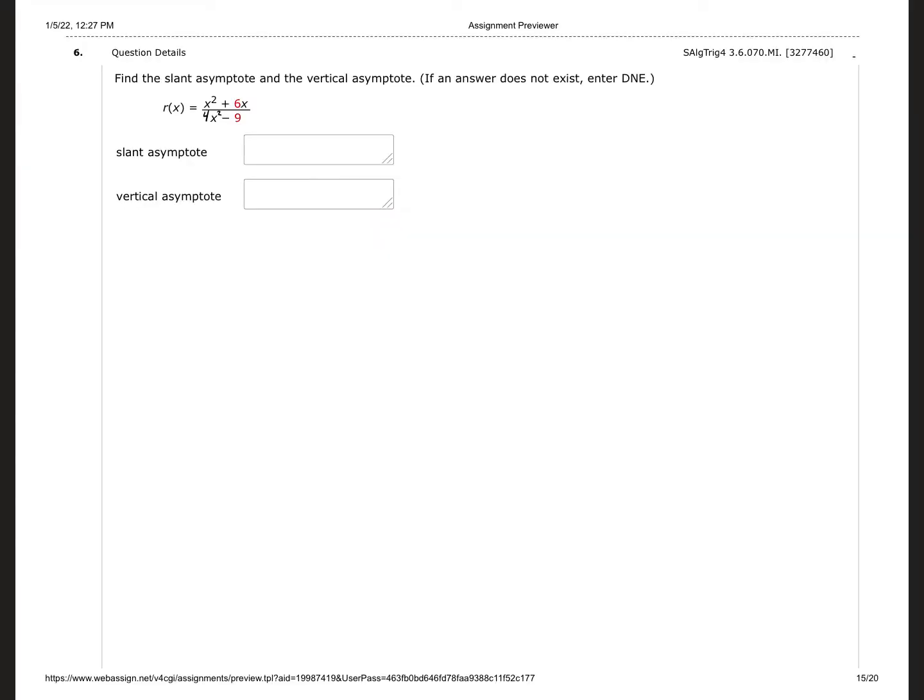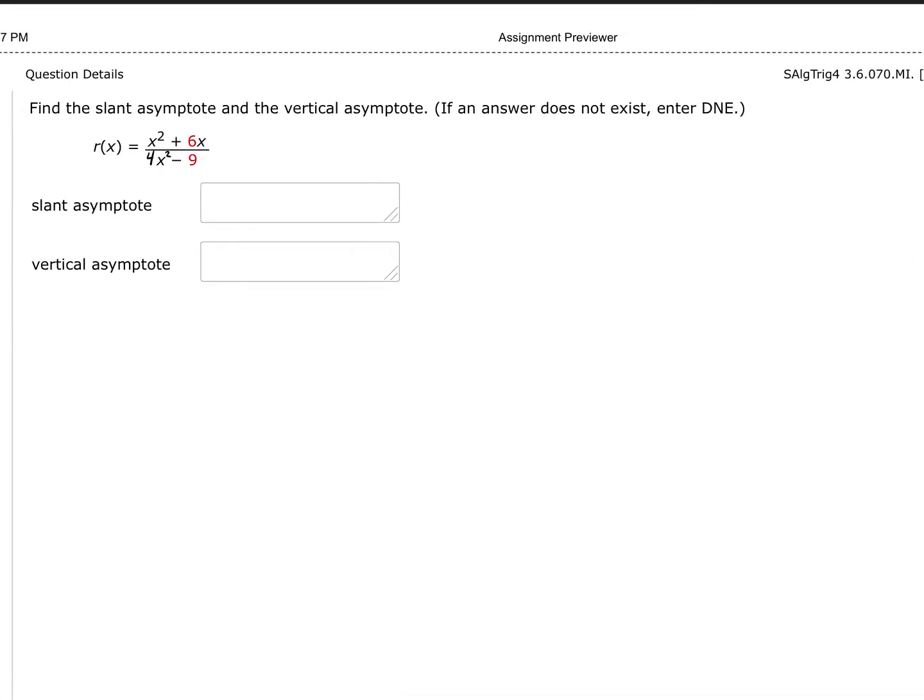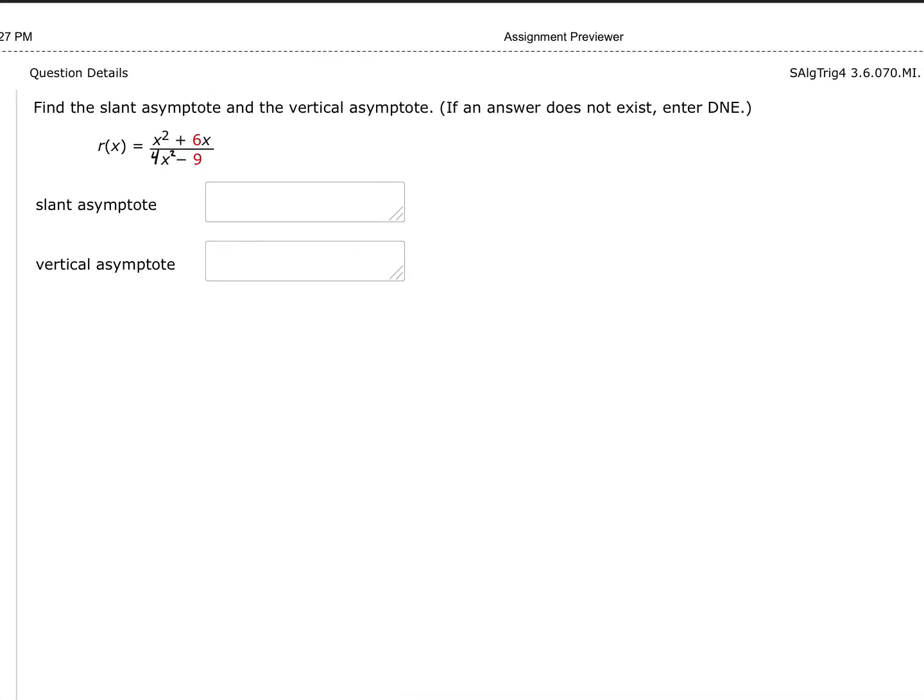For number 6, you have r of x is equal to x squared plus 6x over 4x squared minus 9. To find your slant asymptote, you are going to take that 4x squared plus 0x minus 9 and put that on the outside. On the inside, you're going to have that x squared plus 6x plus 0.